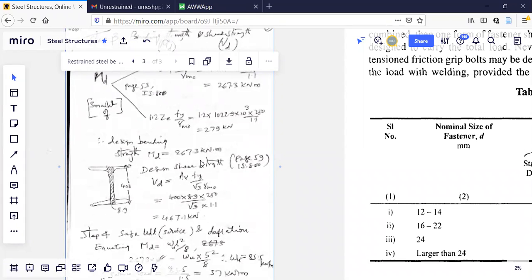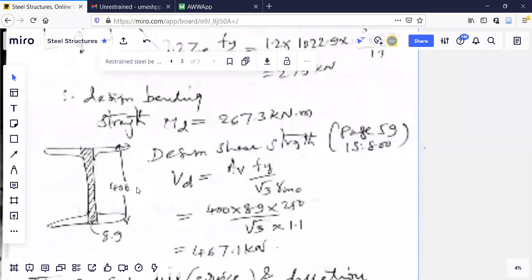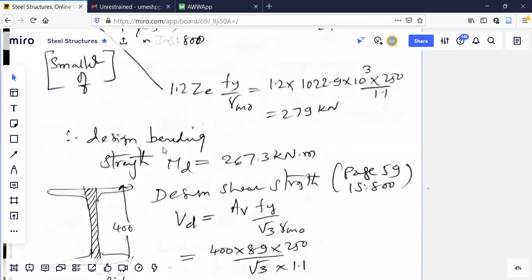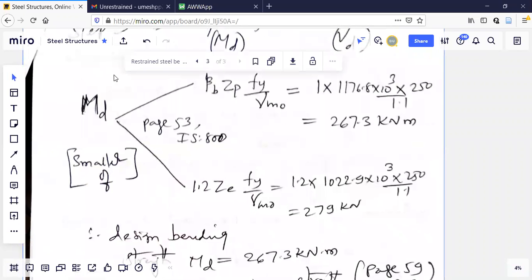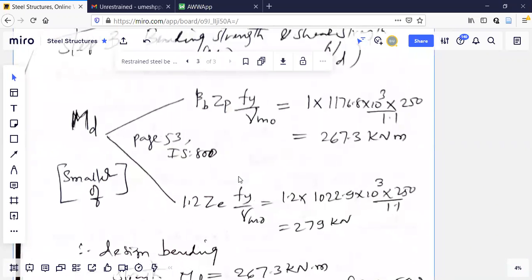In the case of the laterally restrained beam, same dimensions, everything is the same. 400 is there. Same problem, same section was taken. The way the bending strength was calculated was different. Here the formula is beta B Zp Fy by gamma M naught.